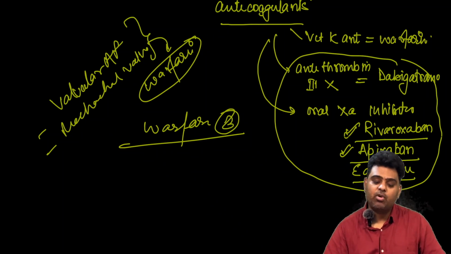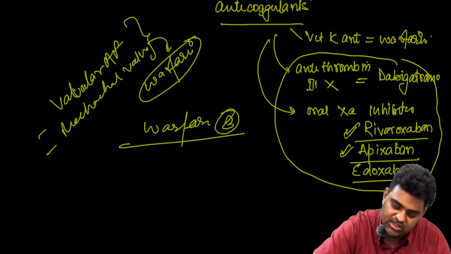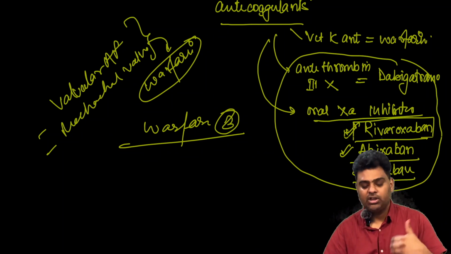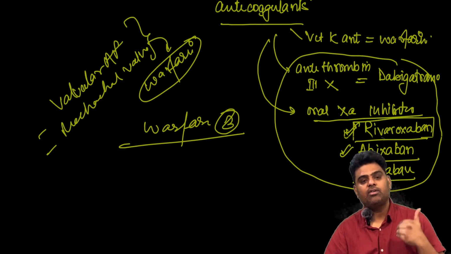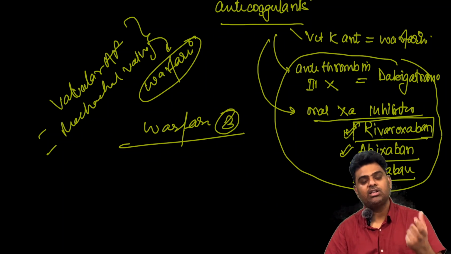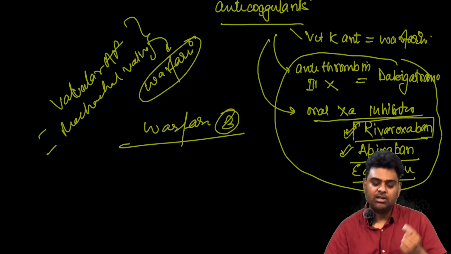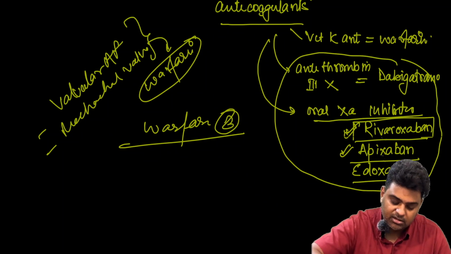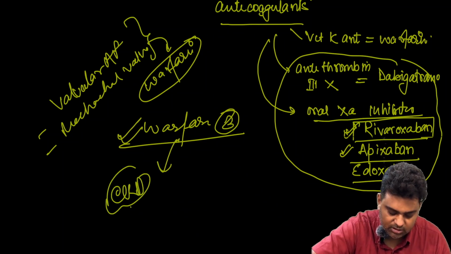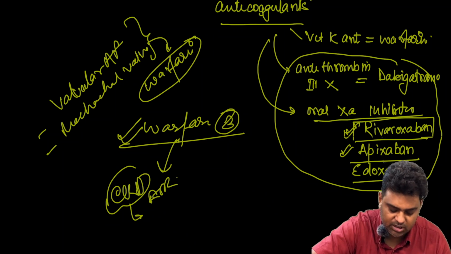All these points are not seen with these new oral 10A inhibitors like rivaroxaban. When the patient is on rivaroxaban, you don't have to measure INR. It very quickly, swiftly attains the value of anticoagulation which is needed to prevent clot. So these are the positive points. But the negative point is that warfarin can be used even in the patient of CKD, ESRD, when the creatinine clearance is less than 15.